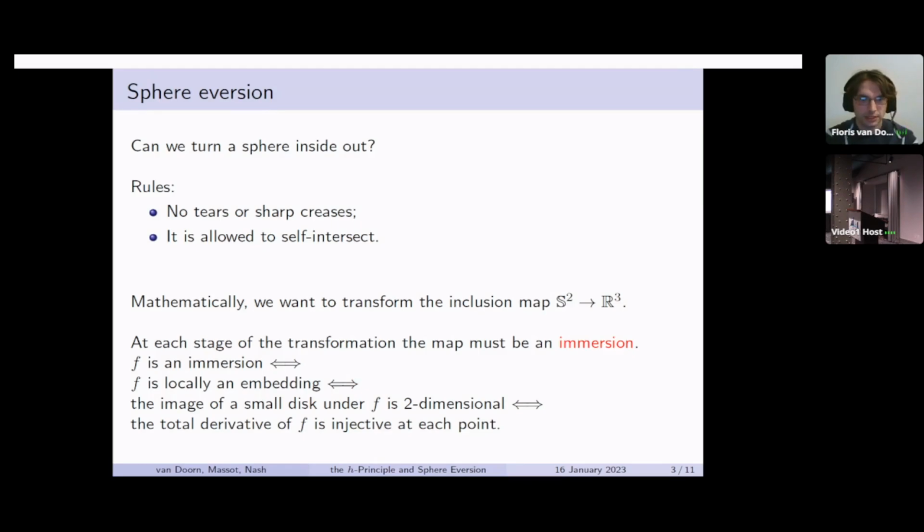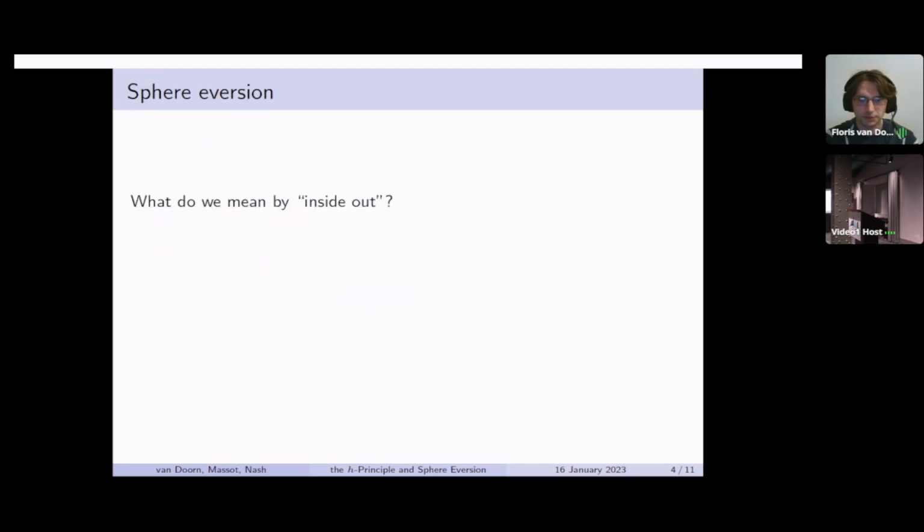So the second question you might ask is, what do you mean exactly by the words inside out? So what we want is that if we sort of color the inside of the sphere and the outside of the sphere, then after the eversion, those colors are swapped.